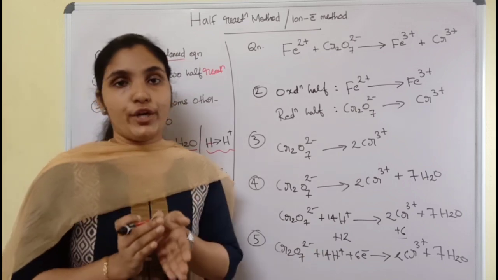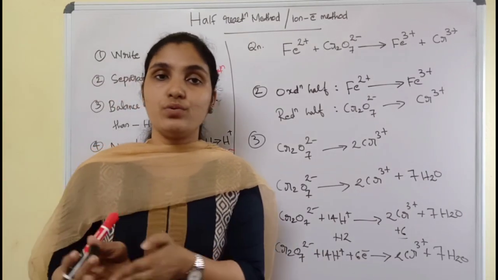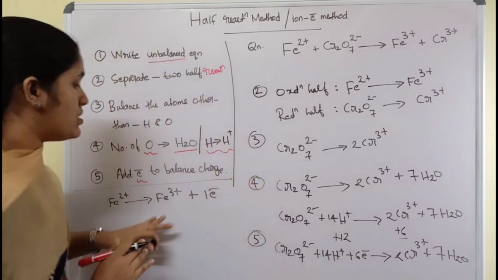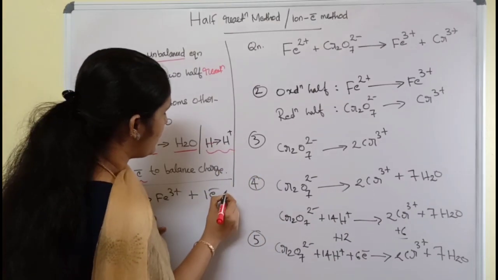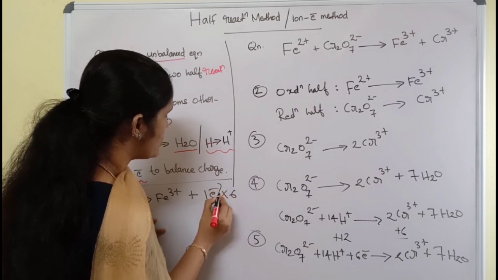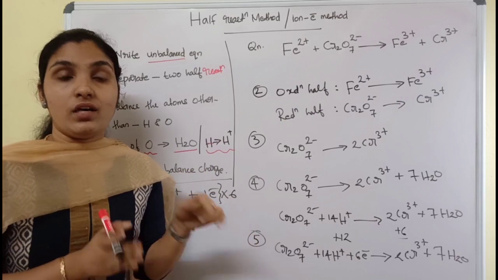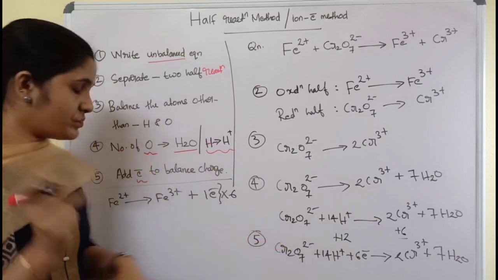But we know in a redox reaction, the number of electrons lost and the number of electrons gained must be equal. For that, this entire equation should be multiplied with 6 in order to make the number of electrons equal.